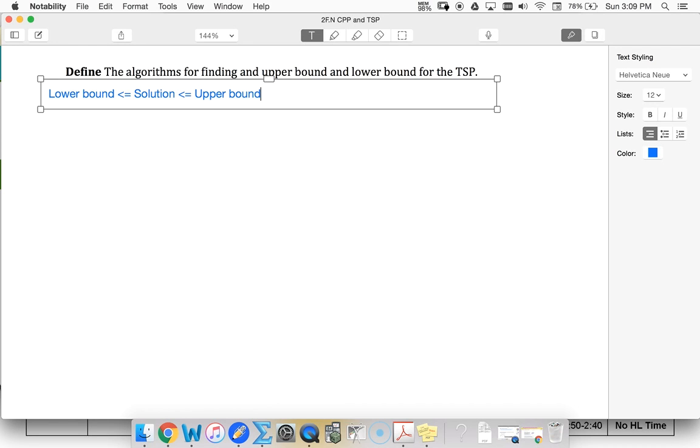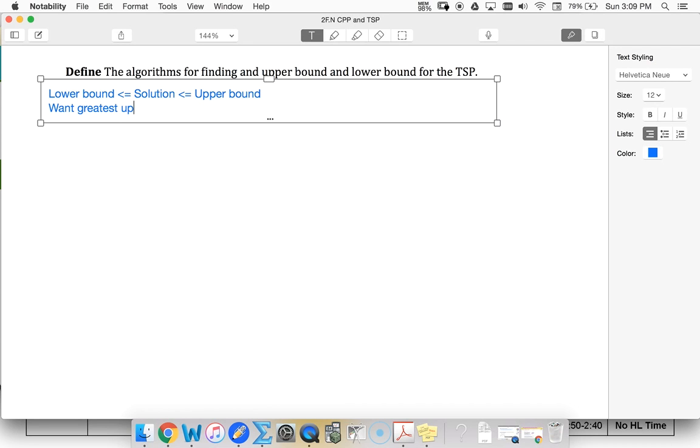And again, we want the greatest lower bound and the least upper bound, because we're trying to squeeze our solution between those two values. If we're super lucky and the lower bound equals upper bound, then we've also found our solution.